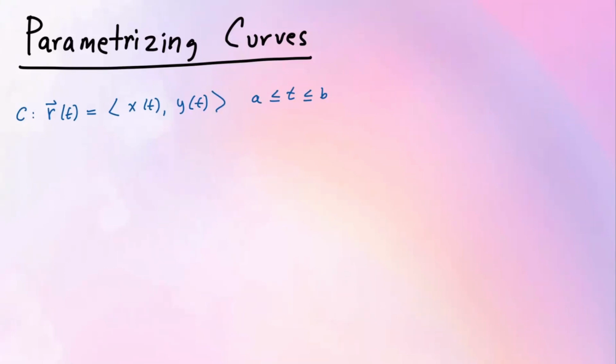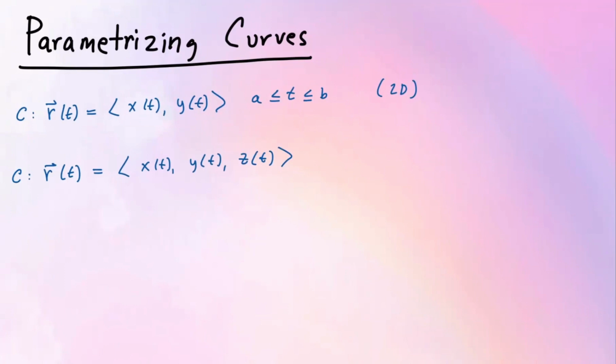Here, you have to notice that both your x and y value will depend on this new parameter, which we're calling t. So this is for 2-dimension. Now for 3-dimension, we can also represent the curve C in vector form, r of t, in a parametric form as x of t, y of t, and z of t.